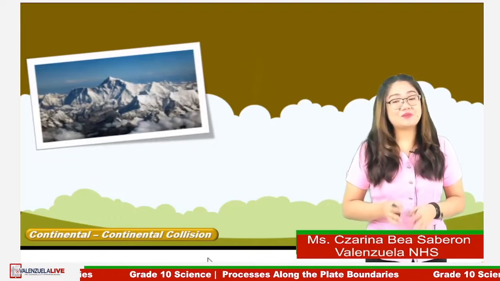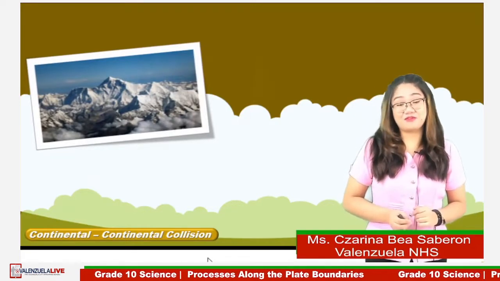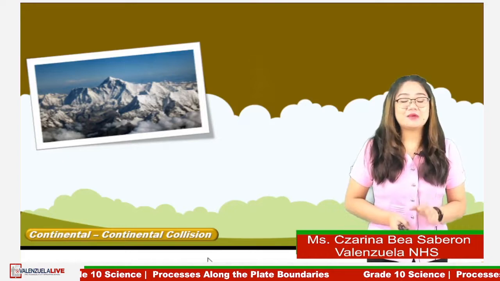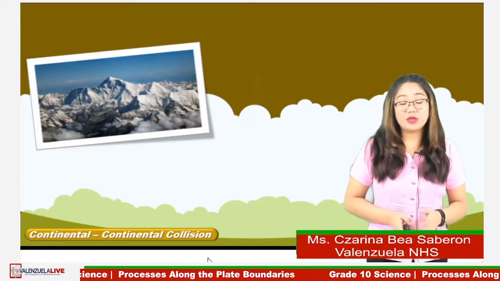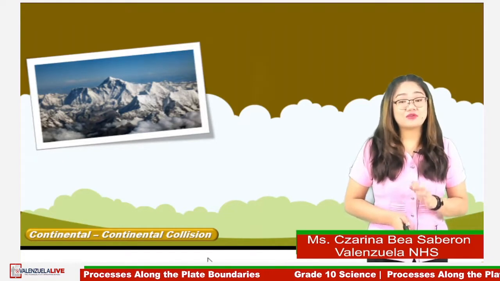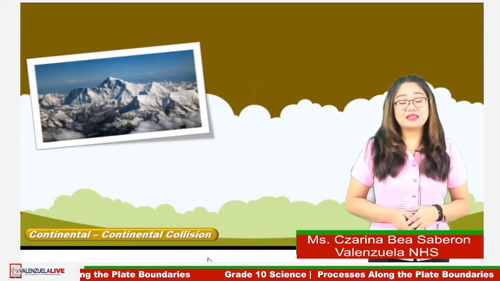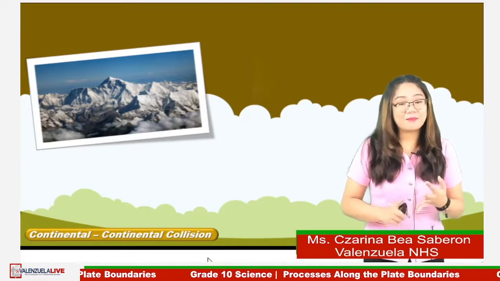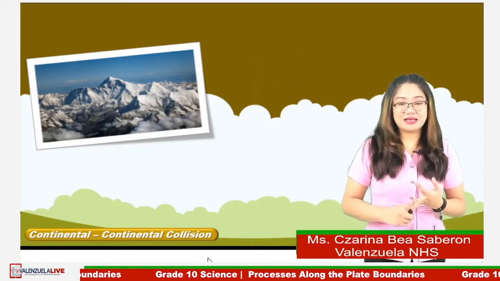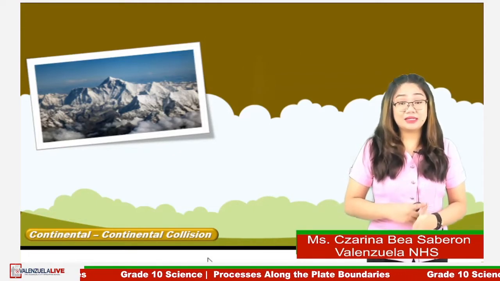And one of the most amazing products of this type of convergence is the Himalayas group of mountains, which extends 2,400 kilometers passing through the nations of India, Pakistan, Afghanistan, Nepal, Bhutan, and China.